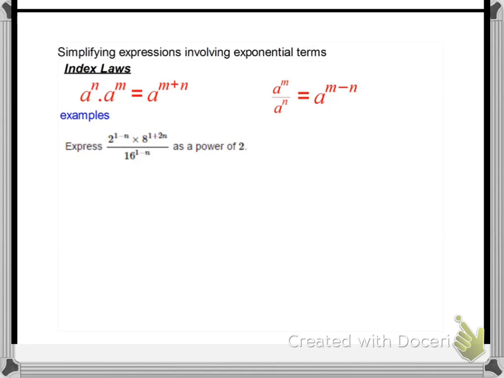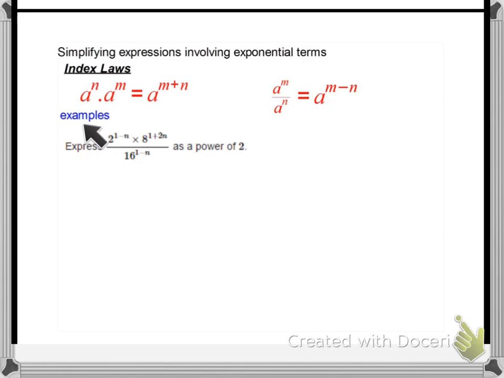Alright, so e involves an exponential number. e to the power of x is usually the kind of function that we're going to be looking at. So wherever you've got exponents, there are a number of ways in which we can simplify exponential numbers. These are what we call our exponential laws.